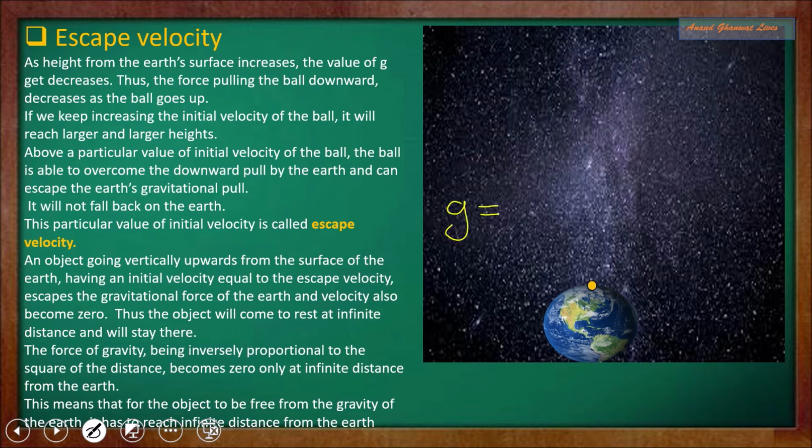g is equal to G into M upon R square. Now look at this formula. G is constant, M is the mass of the earth which is also constant.